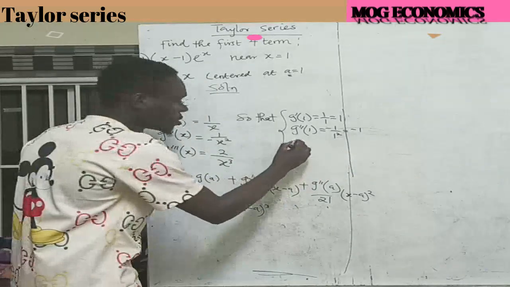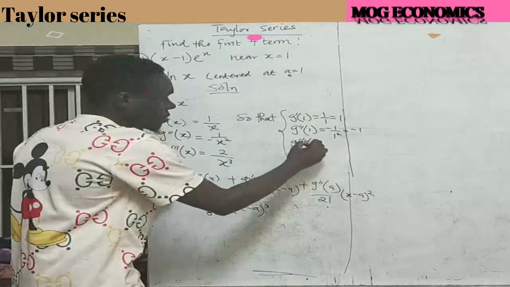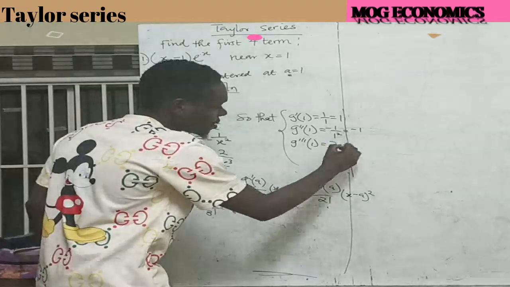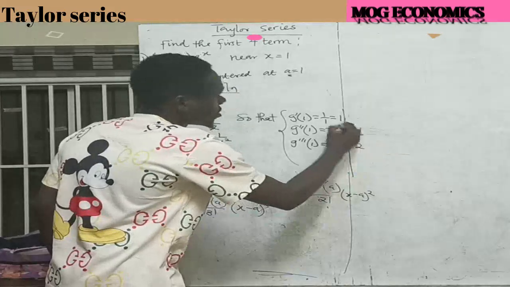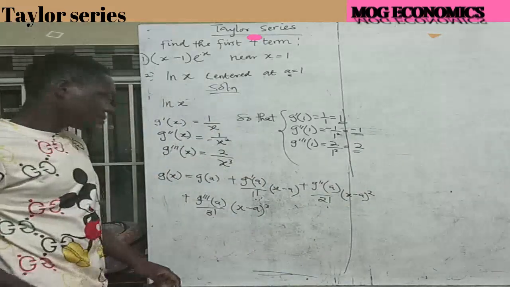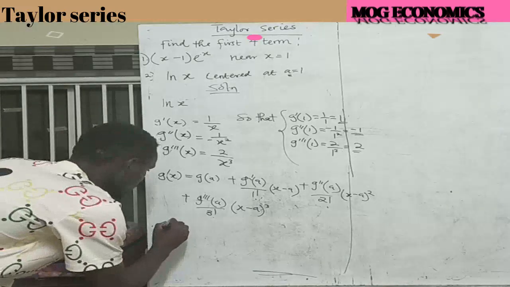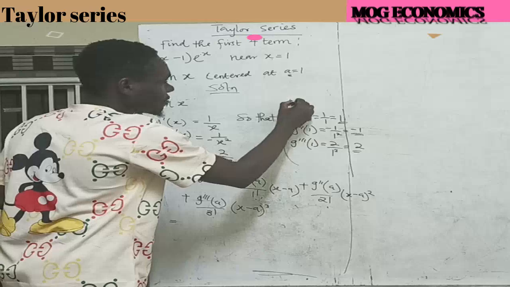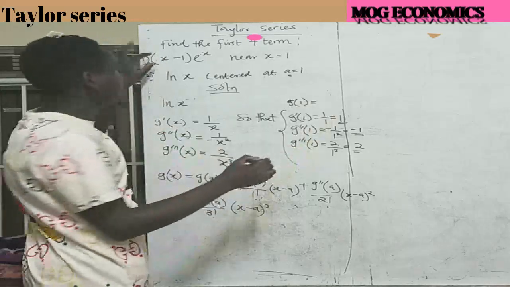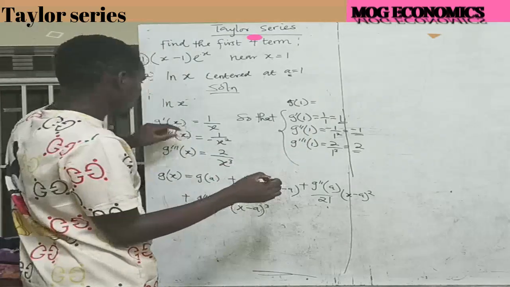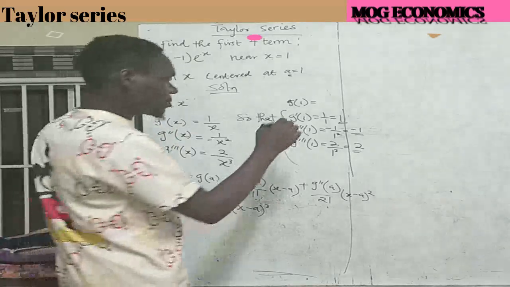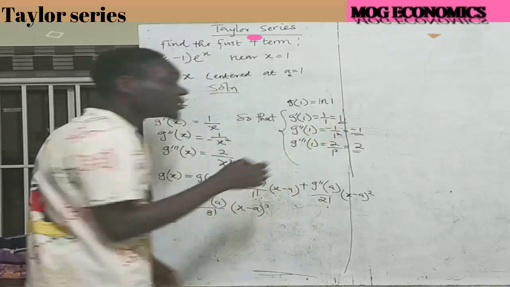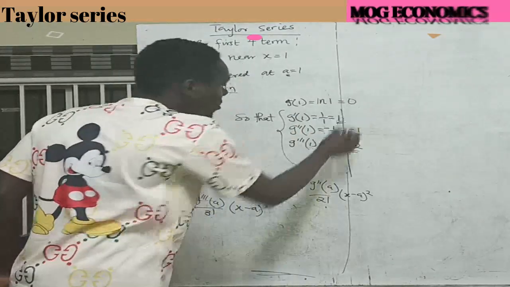And for the third one, we have 2 over 1 raised to the power 3, which is 2. Now for the original function, ln 1, ln 1 is 0.